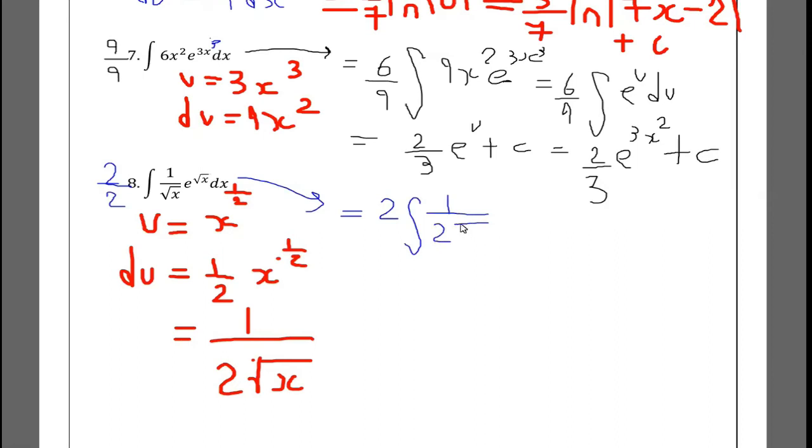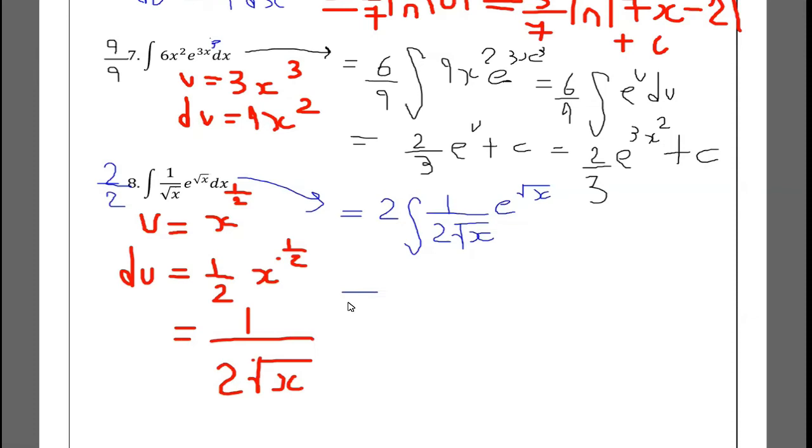You're wondering, why did I bring in this 2? I bring in this 2 to generate my du. It's 1 over 2 root x times e to the root x.